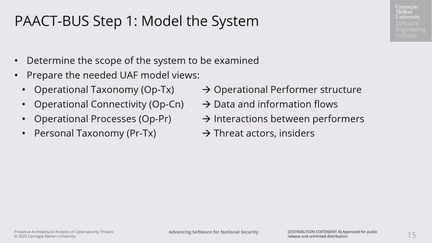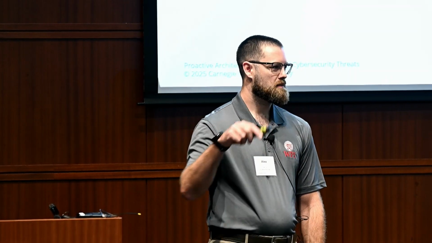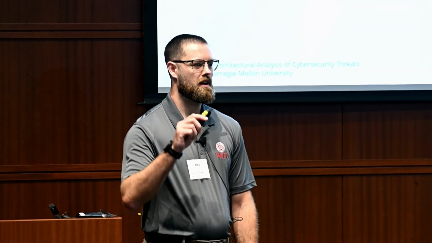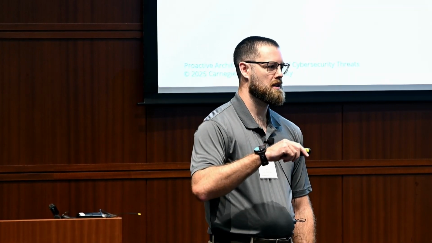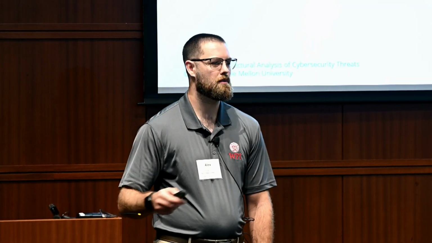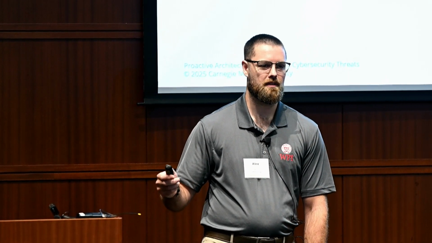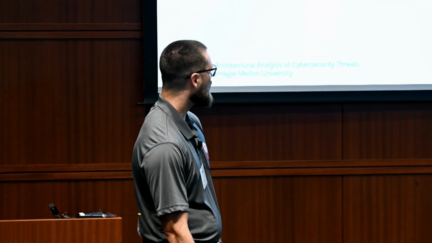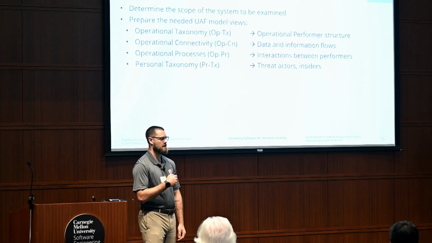Operational processes. These are going to be your sequence diagrams. How is a particular mission carried out, or how is a particular business case handled? What information needs to flow at what time between your different system elements? And then finally, we need to catalog our personnel taxonomy.